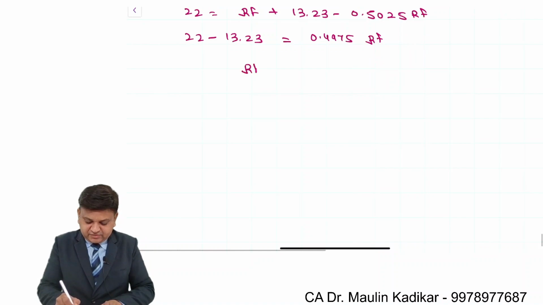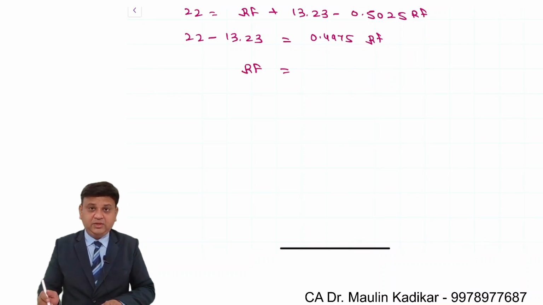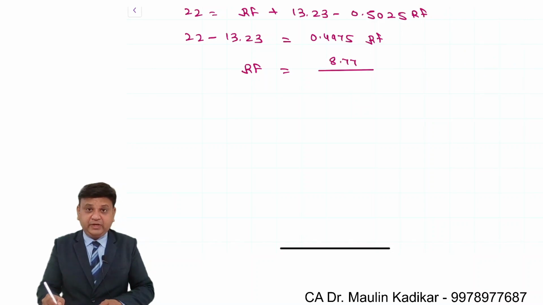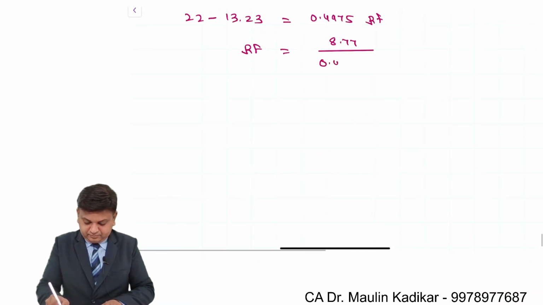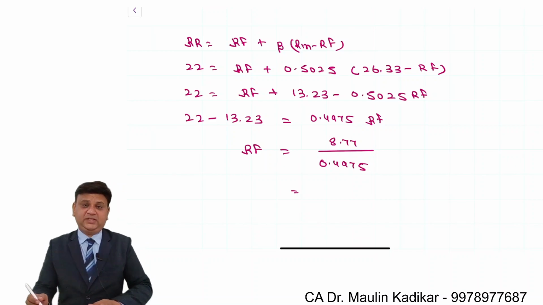Finally, RF is equal to 22 minus 13.23, 8.77 divided by 0.4975. 8.77 divided by 0.4975 is 17.63%.